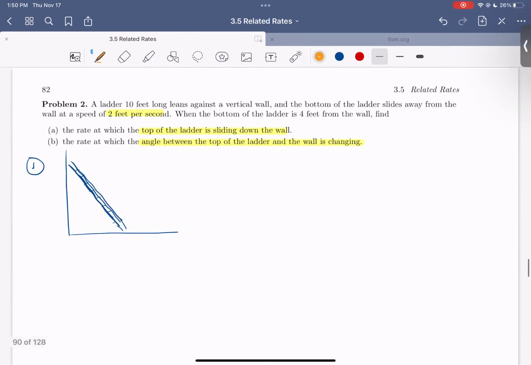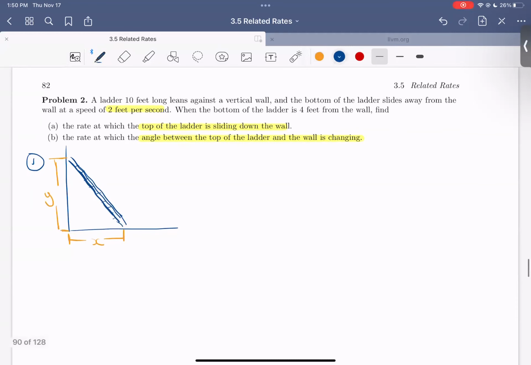Now we can start to see some geometry that we'd want to use. Let's call y the height from the top of the ladder to the ground, and let's call x the length from the bottom of the ladder to the wall. We need to know these quantities. Oh, and 10 is the length of our ladder.